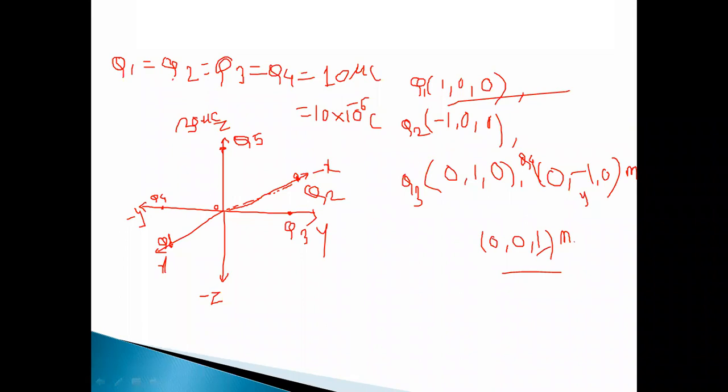Now there is a force acting due to this charge Q1 on charge Q5. You all draw the straight lines here. Means the force is acting on charge Q5 due to charge Q1. It is denoted like this.